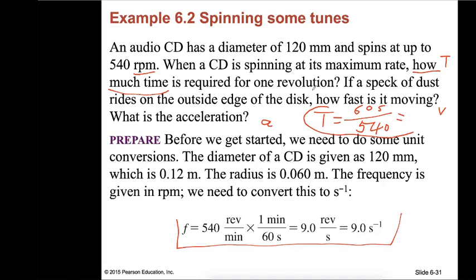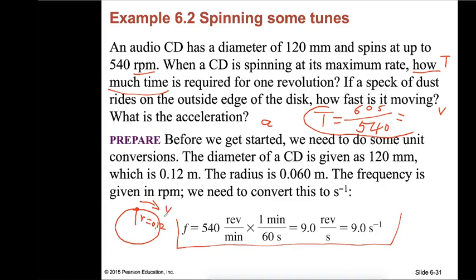Okay, now if a speck is on the edge, the speck will have a circular motion. Let's say the speck is here, so it's moving in a circular motion. And the r, the radius, is 120 millimeters or 0.12 meters.